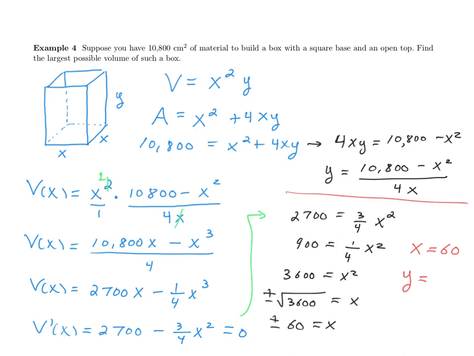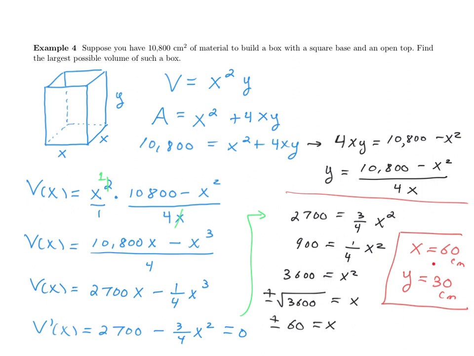And y is actually equal to 30. So my picture is a little deceiving. It should be that y is shorter than x is long here. So I'll just put this is 30. And the units on both of these are going to be centimeters. I'm hoping that these are the dimensions that maximize the volume of this box.